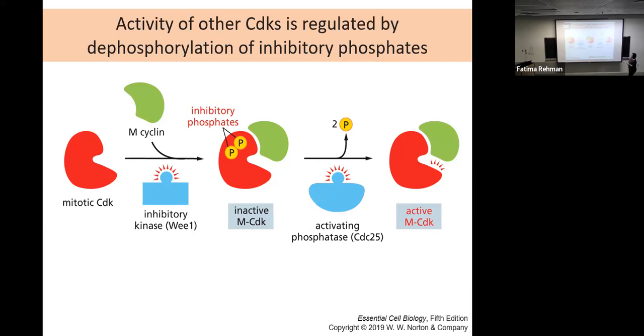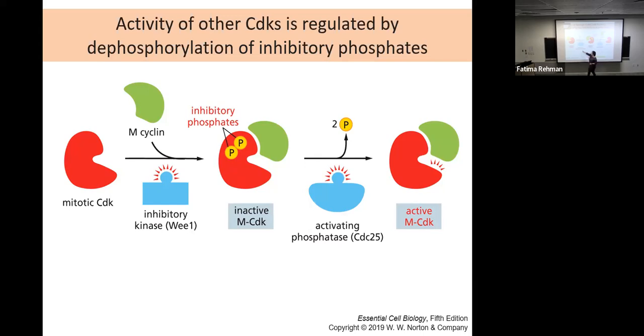So that's the same idea here, except here you have specific proteins. So there are two different proteins here. WEE1 is a kinase, but the way it phosphorylates, it's actually an inhibitory kinase. It's going to inhibit the function of CDK1.